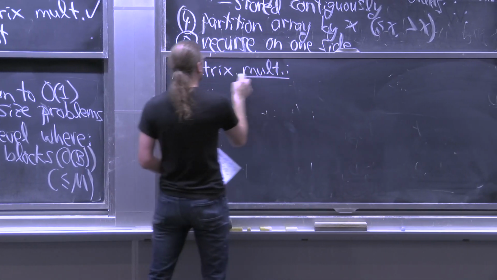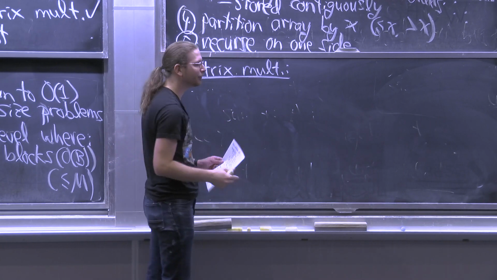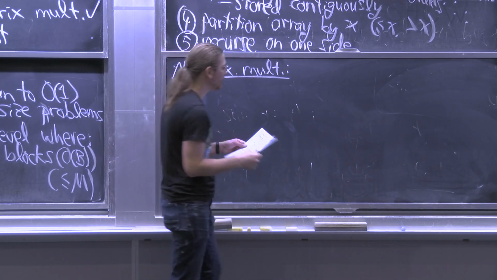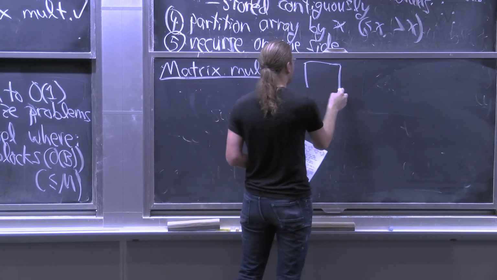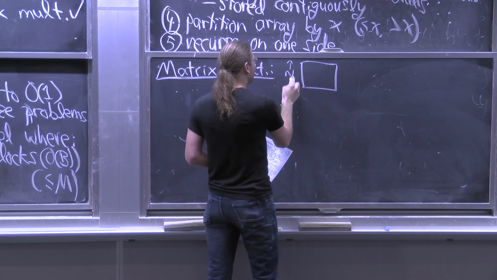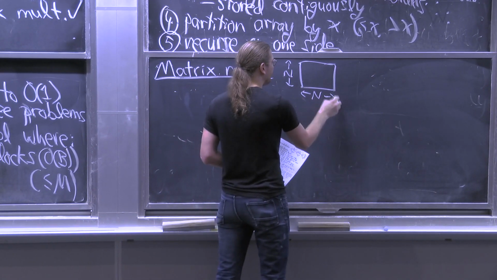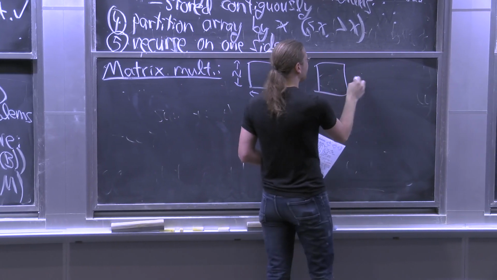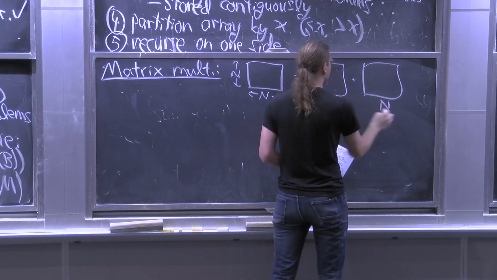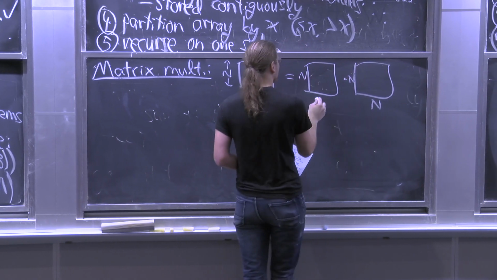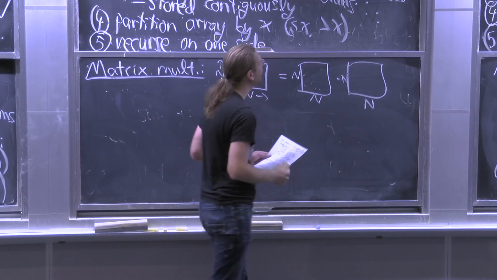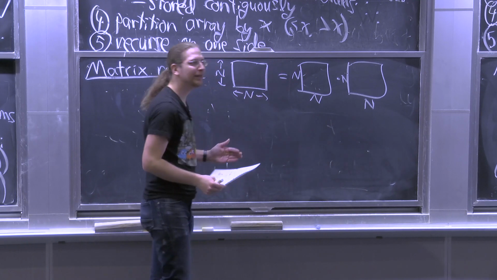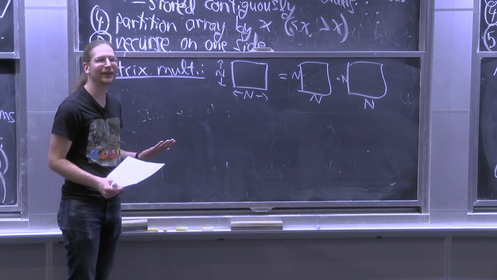So multiplying matrices, something we've done many times, for example, in the FFT lecture and in Strassen's algorithm. Just to remind you, I'm just thinking about the square case, although this generalizes. We have two square matrices, n by n. Normally, I would say C equals A times B, but I realize we use B for block size.